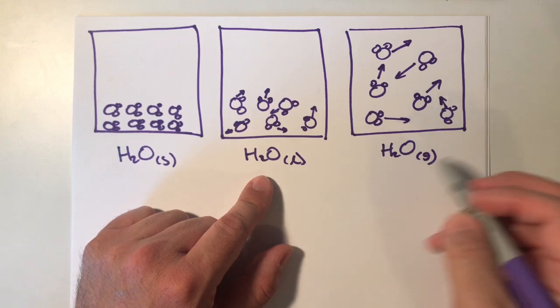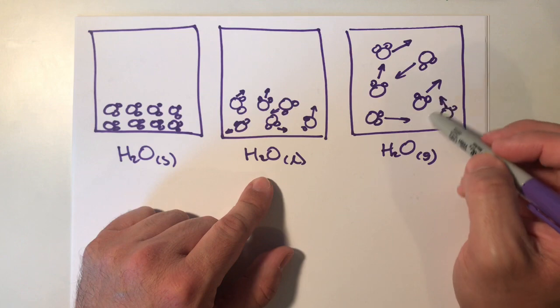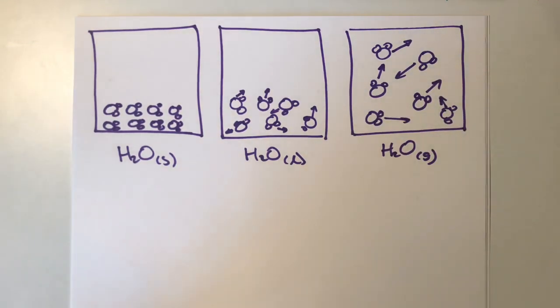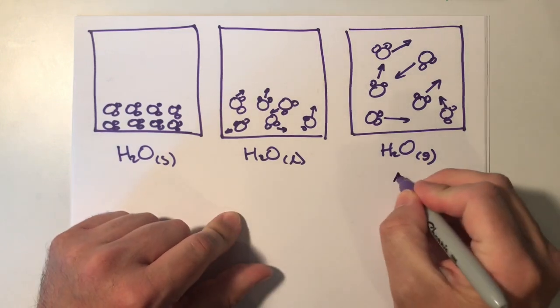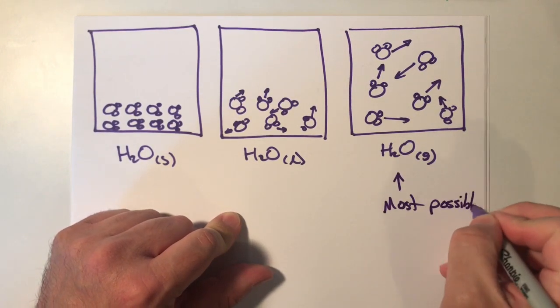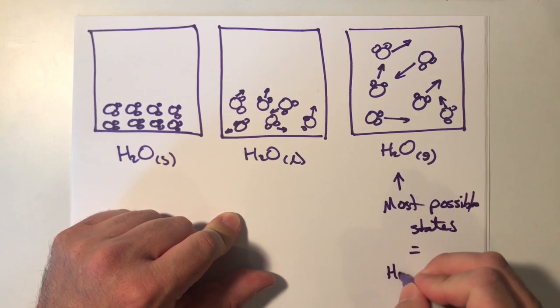And then in the gaseous state, the water molecules are farthest apart and they have the greatest possible speed. Some of them can be going quite fast, some quite a bit slower. So we would expect that the gas would have the most possible states, and therefore that's going to equate to the highest value of entropy.